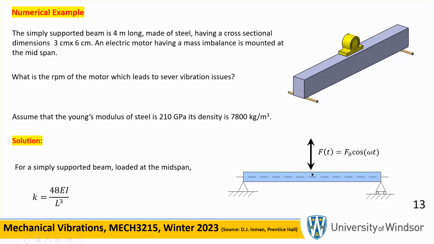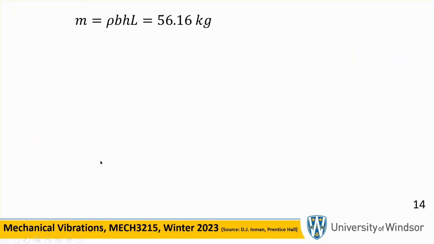So first of all, the stiffness of a simply supported beam loaded in the middle is 48 EI over L cubed. We've done things like this. Now the mass of the beam is the density of the steel times the length of it times B and H, and this is roughly 56 kilograms, based on the information given to you right there.